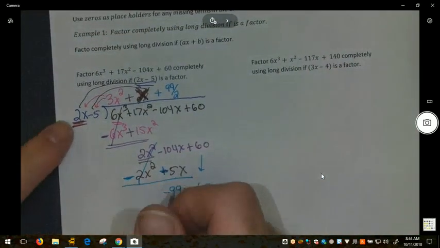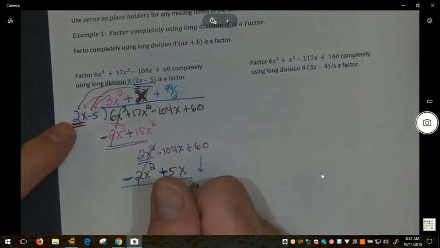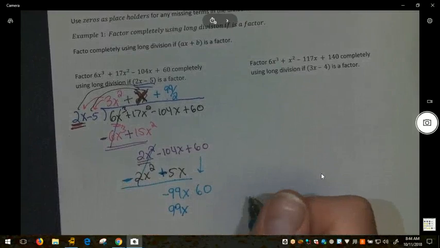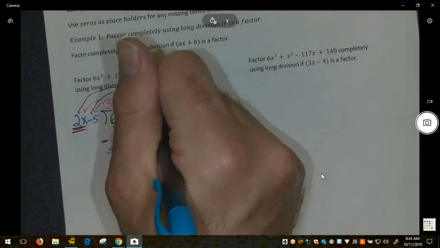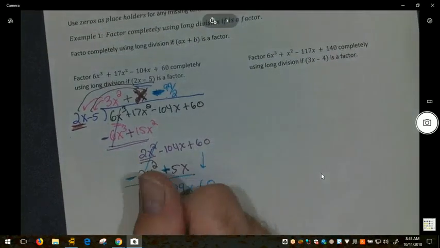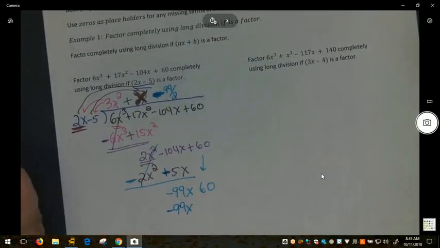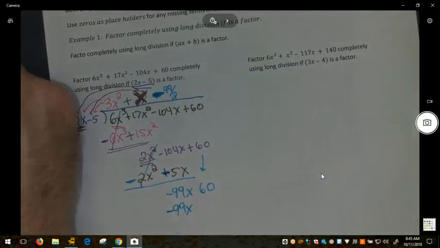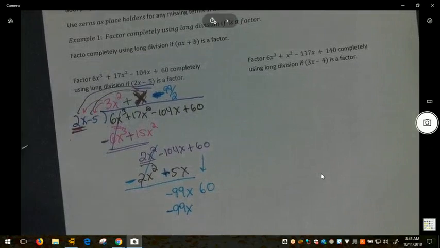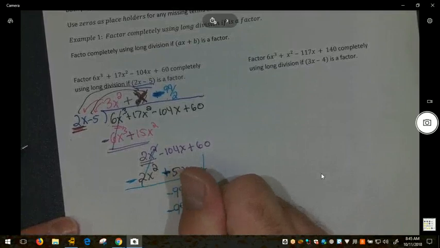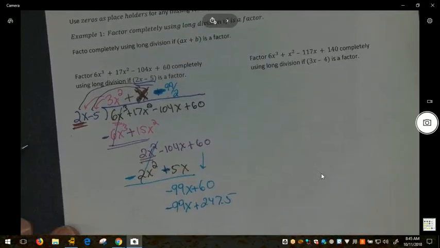That gives me 99x. Oh, and it needs to be negative, because I want it to be the same number. So negative 99x. Negative 99 halves times negative 5 is positive 247.5.